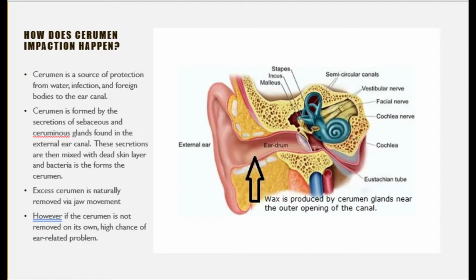These secretions are then mixed with dead skin layer and bacteria, and this is what altogether forms the cerumen or earwax. Earwax is usually removed with jaw movements, so it should naturally be excreted from the ear. But if it's not removed, then there's a high chance of causing cerumen impaction and causing those symptoms I've mentioned before, which were itchiness, loss of hearing, or tinnitus.